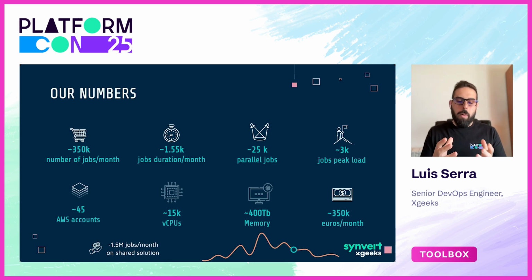We are talking around an expense of 350K euros being spent every single month just on infrastructure for all the runners.